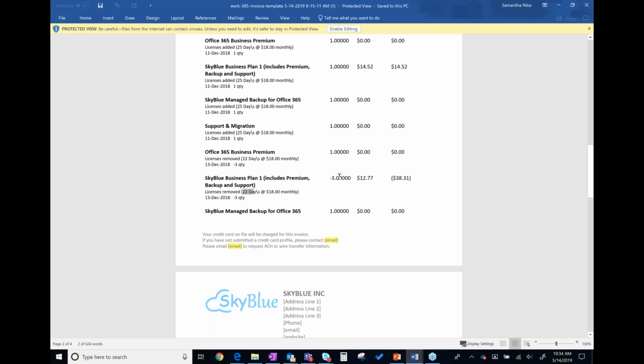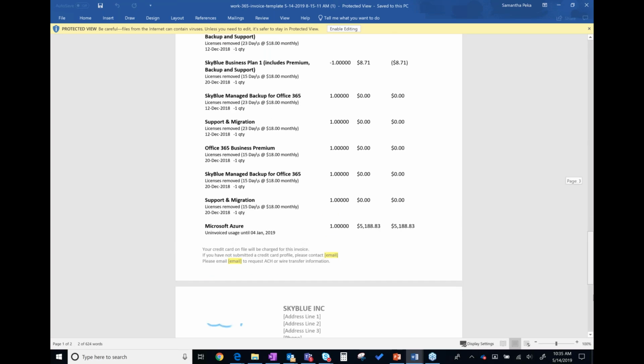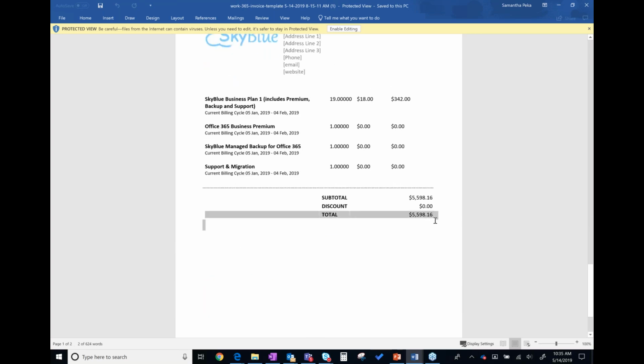Because this specific example was a reduction in 3 licenses, it's calculating the credit or the refund amount. That's what the parentheses mean. This is a credit against the total invoice. It takes all of the subscriptions that were added, minus any subscriptions that were subtracted, to give you the total that's due in the total line item.